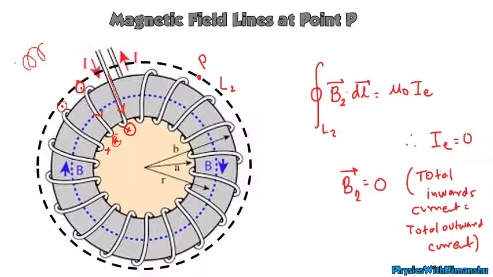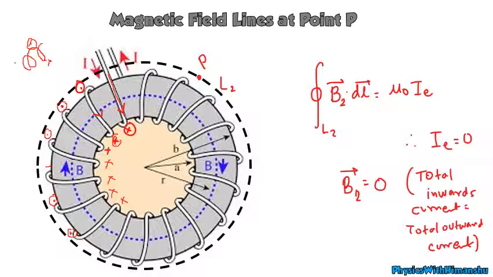So again inwards, outwards, inwards, outwards, at this point inwards, at this point outwards. So as you can see, the total number of times the current is inwards is equal to the total number of times the current is outwards.